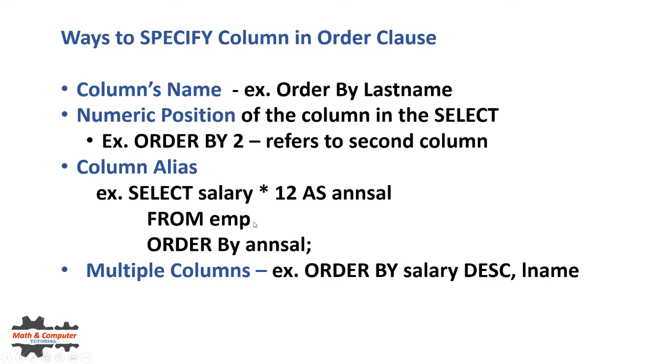And then you want to arrange the data by annual salary in ascending order. Because ascending or descending is not included here, it is by default in ascending order, from lowest to highest salary.